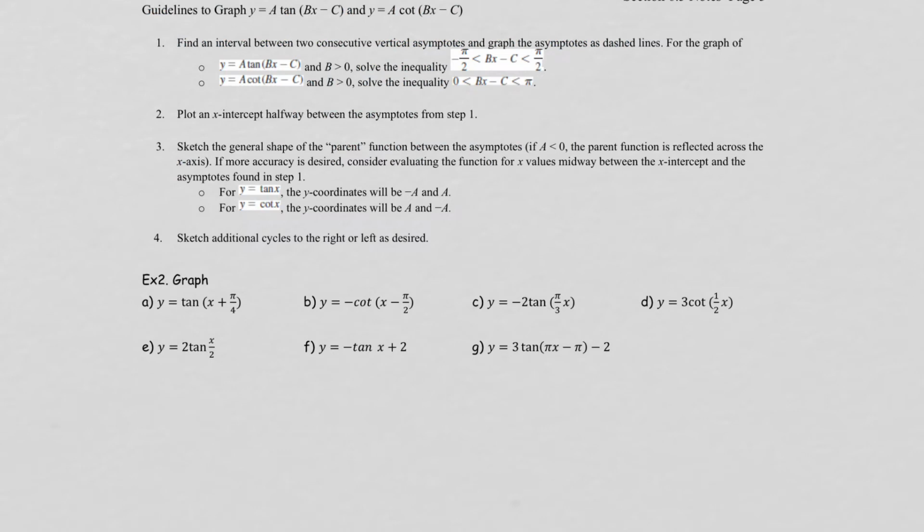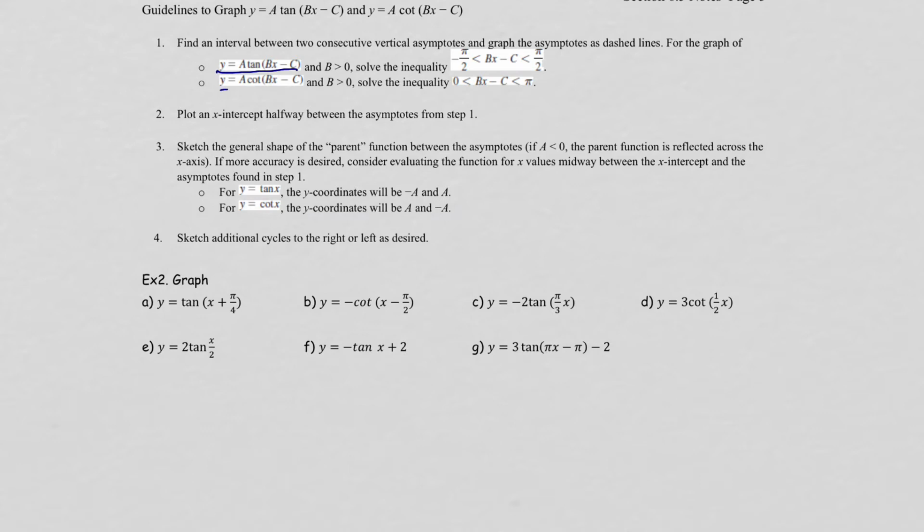So there are two ways to graph tangent and cotangent. The first method is finding the vertical asymptote by the formulas. Let me highlight it.